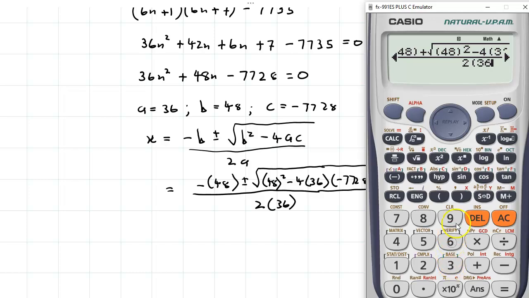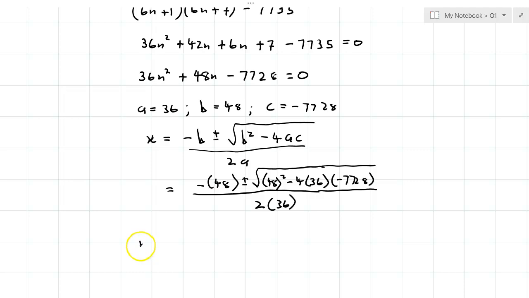That's 14. So here we've got now n equals 14. Remember that we're solving for n.